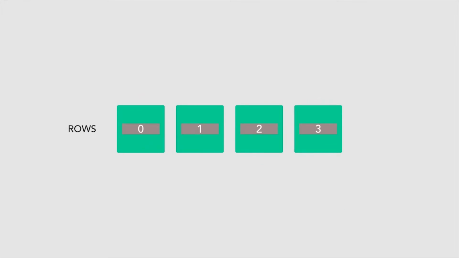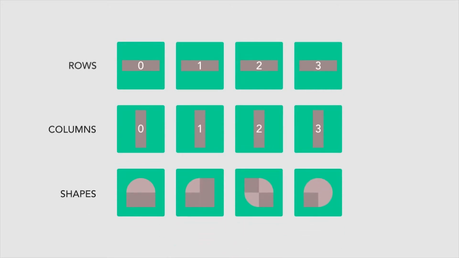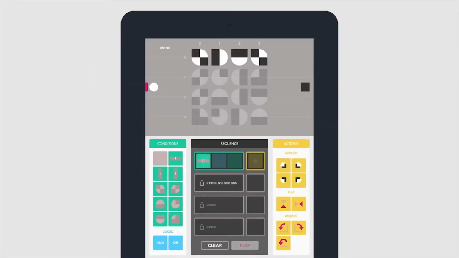Not with code, but with simple visual blocks like these. These condition pieces are used to target pieces by row, by column, or by matching a shape. For example, matching a row, a column, or a shape.